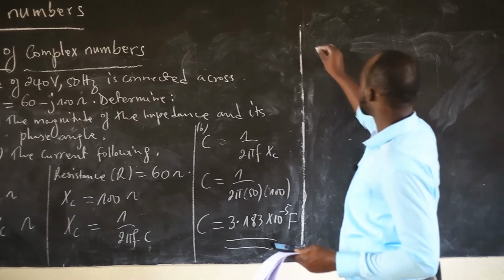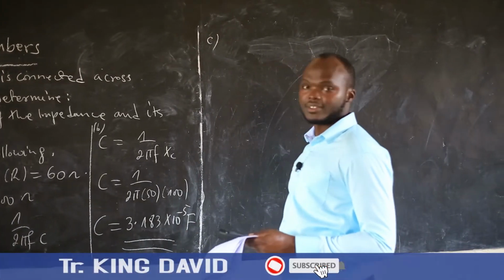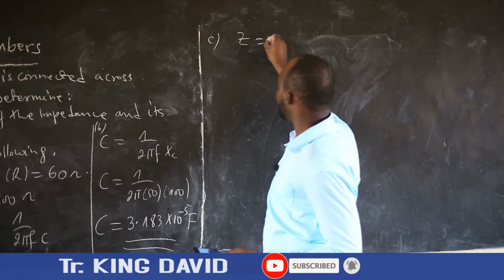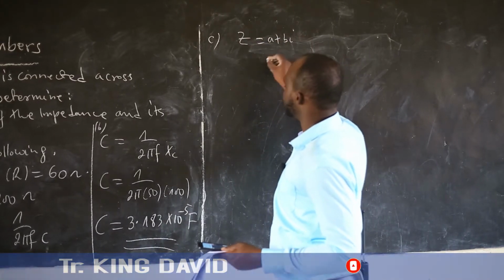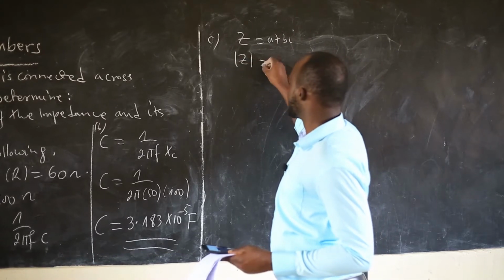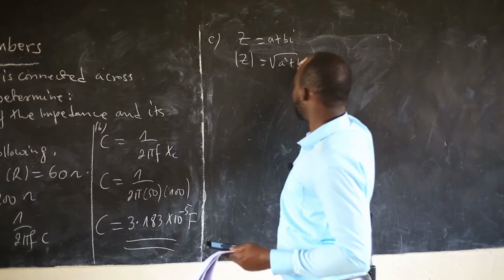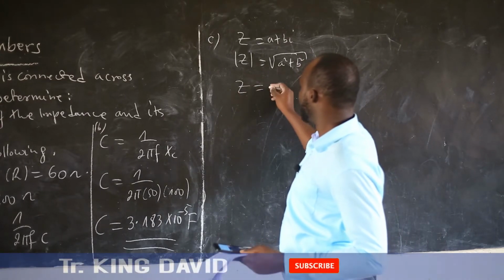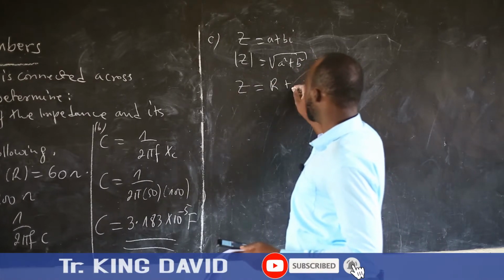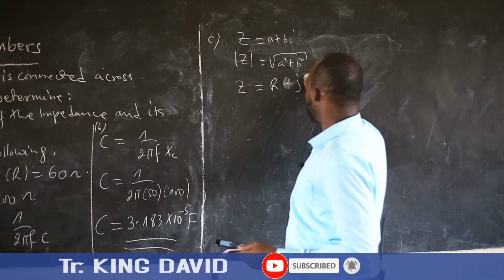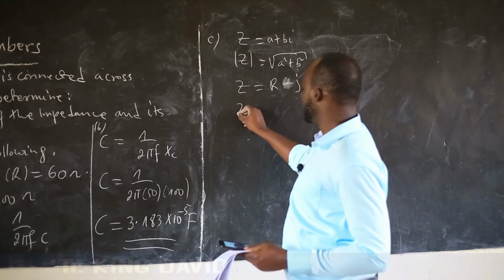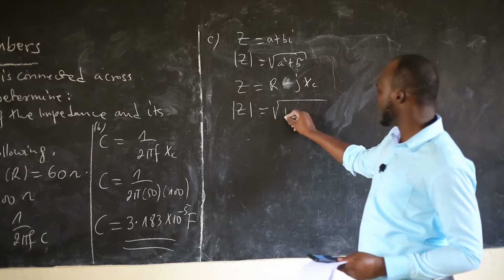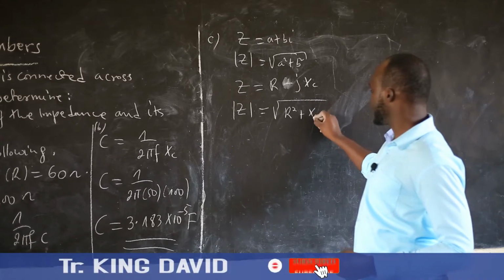Then C. We're going to find the magnitude. How do we find the magnitude of the impedance? Remember, when we have Z equal to A plus Bi, the magnitude of Z equals the square root of A squared plus B squared. So when you have Z equal to R minus jXC, the magnitude of Z is equal to the square root of R squared plus XC squared.